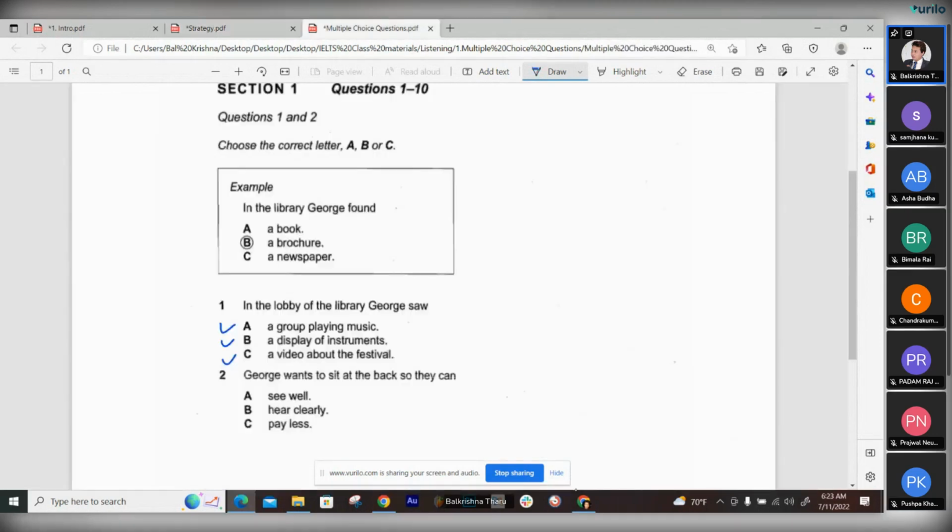What it means is, in the audio, the speakers might talk about option C first, then A, then B, or in any random order.